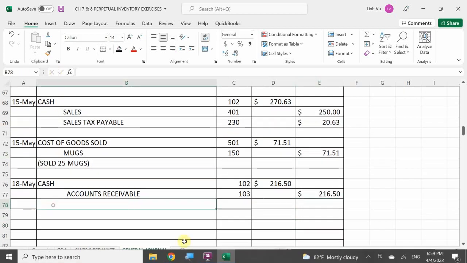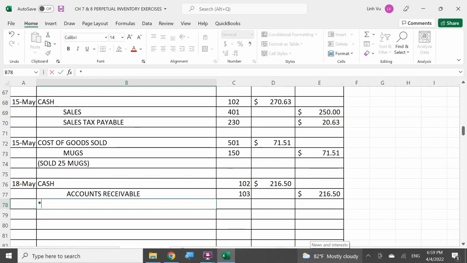So in this case, I need to make a note here that customer A paid in full. That's it. They don't receive a discount. They don't need to do anything here because they just paid for what they owed. Okay.